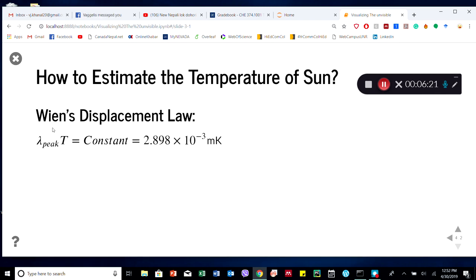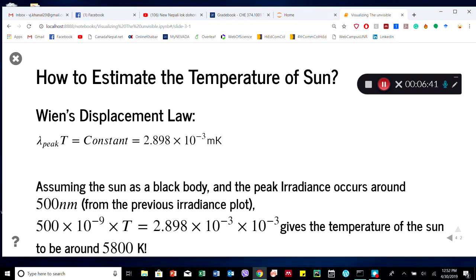So from the spectrum, it's easy to pick the wavelength at which the irradiance is the maximum at that particular temperature which we do not know, right? So looking into the spectrum, we can estimate that solar irradiance peaks around 500 nanometers.